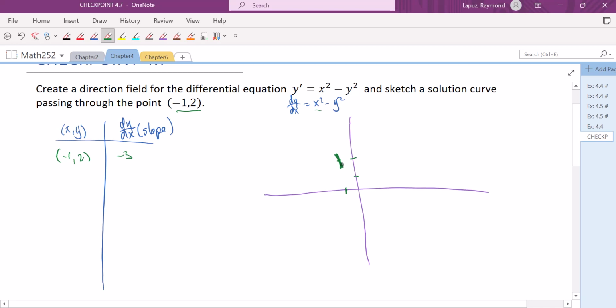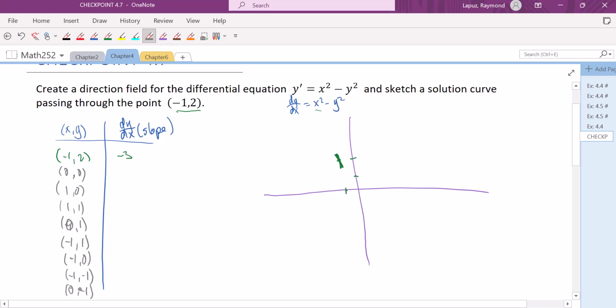Now, the idea is to do this for a whole bunch of points, like 0, 0. So let's do this more generally with a different color. 0, 0, 1, 0, 1, 1, 0, 1, -1, 1, -1, 0, -1, -1, and 0, -1.